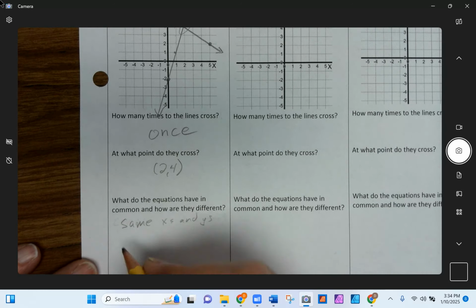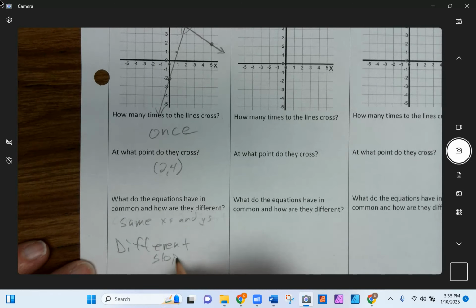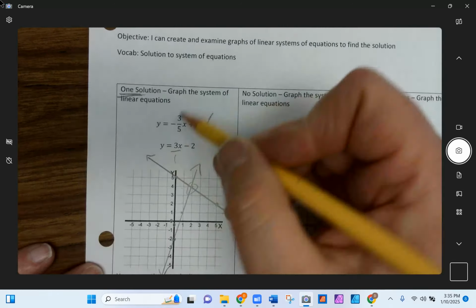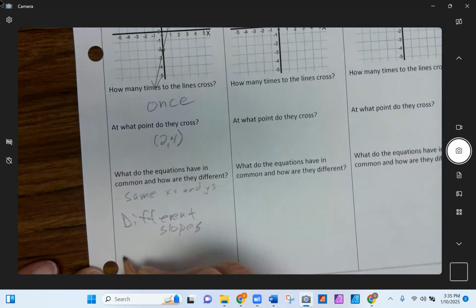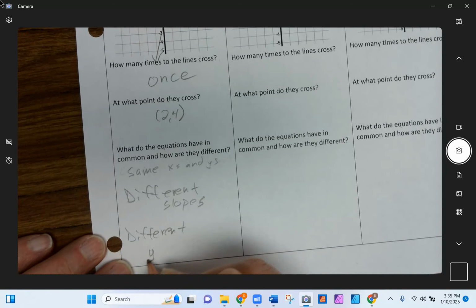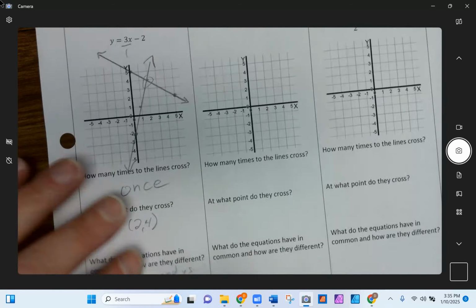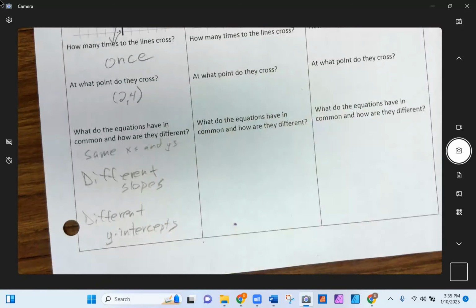But they have different slopes. I look at that -3/5 and I look at that 3, so different slopes right there. And then they also have different y-intercepts. So we look at that plus 5 and that -2. So we can see that basically everything about these two equations is different.